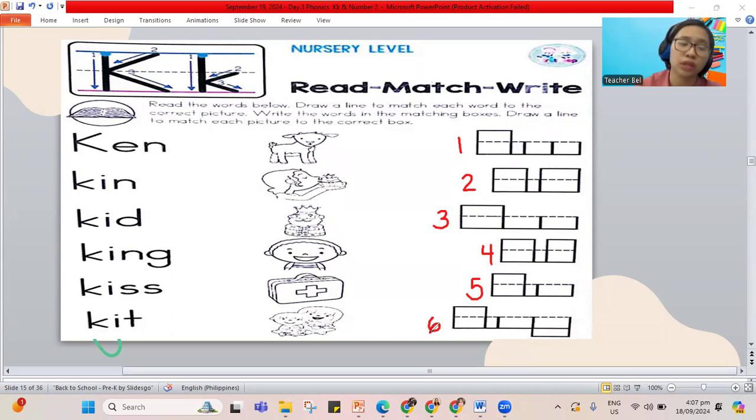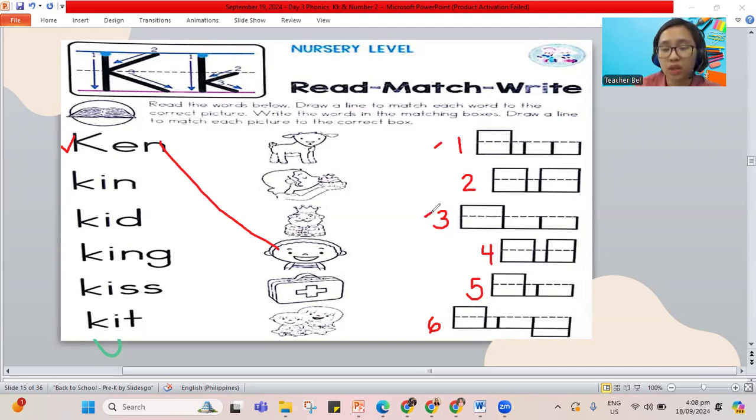Our first word, we have the word Ken, or the name Ken, capital K. Where can we match the name Ken? In what picture? This one. Let's make a line. And now, where can Ken fit? What box should we put Ken in? Will it be in number 1 or will it be in number 3?